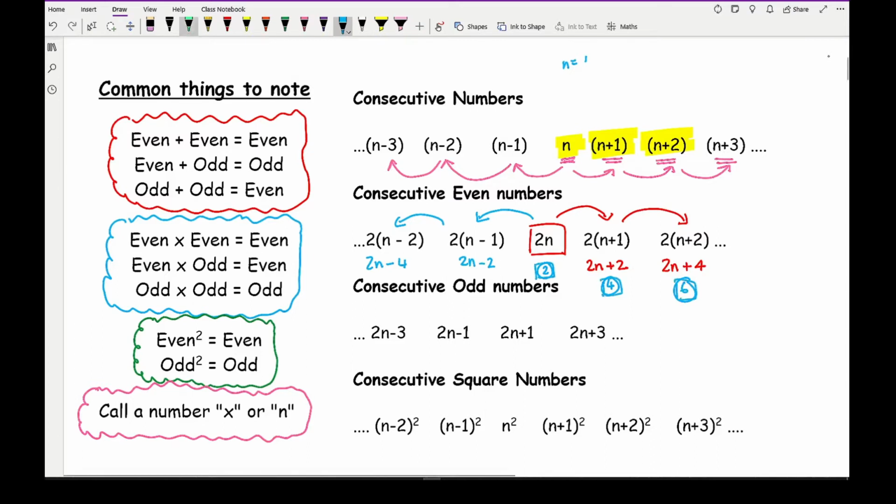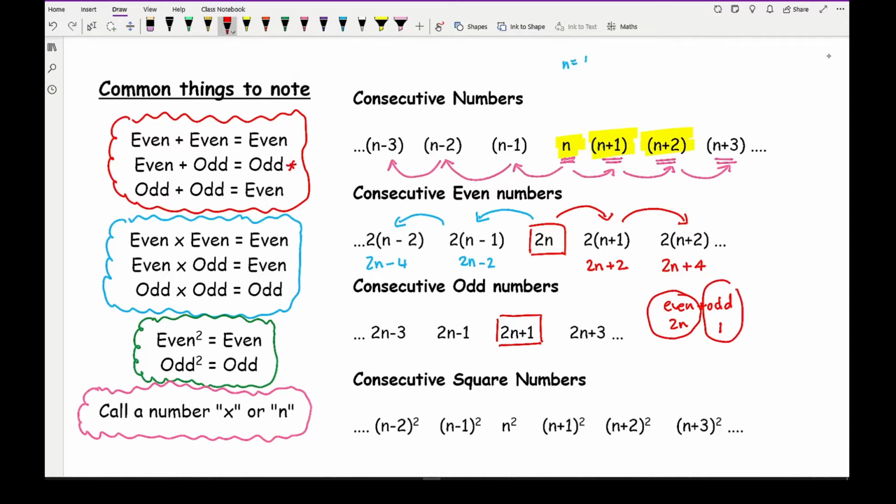Now the same thing applies with odd numbers as well. I'll get rid of this to create a bit more space. Here I'm going to start off with my first odd number being 2n plus 1, because that would give me a guaranteed odd number: 2n is always even because it's a multiple of 2, and 1 is always odd, and an odd plus an even will always give an odd answer.